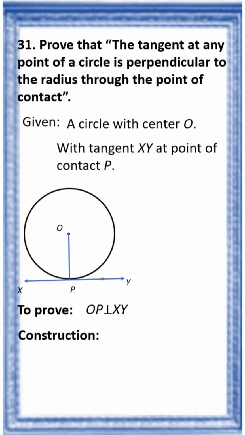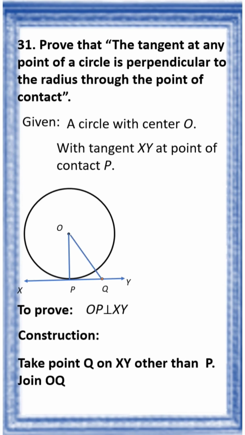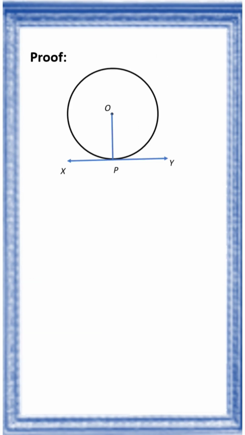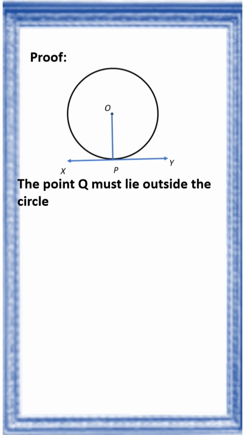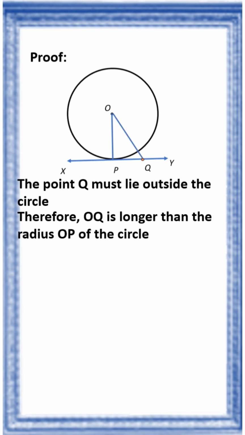Now let us construct something. Take a point Q on XY other than P, join OQ. Now Q must lie outside the circle. Why? Therefore, OQ is longer than radius OP of the circle. Observe the figure, you can understand.